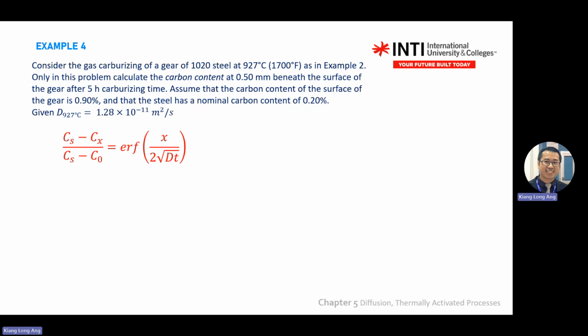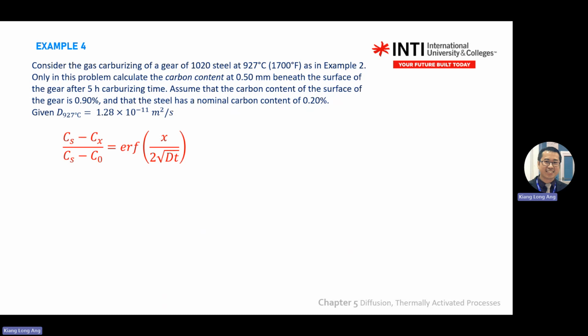So what is the value over here? What is erf of x divided by 2 root Dt?